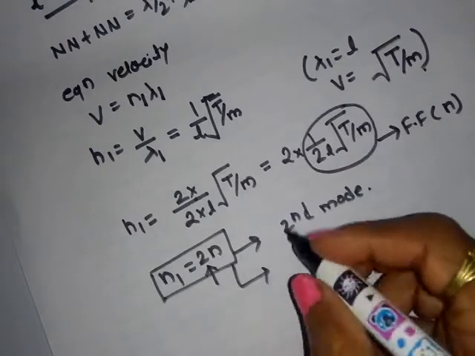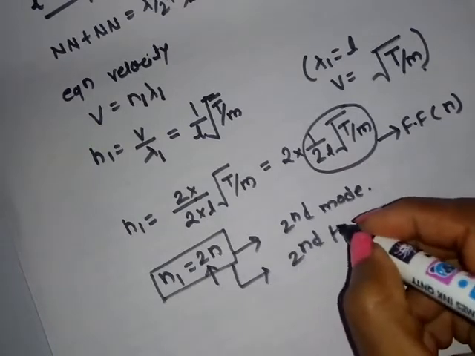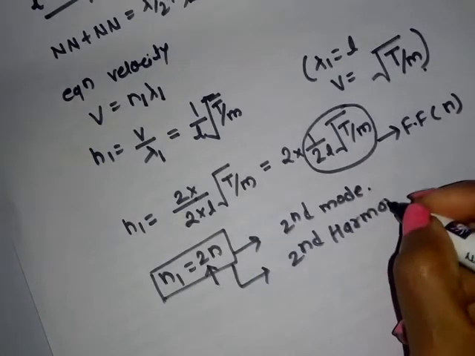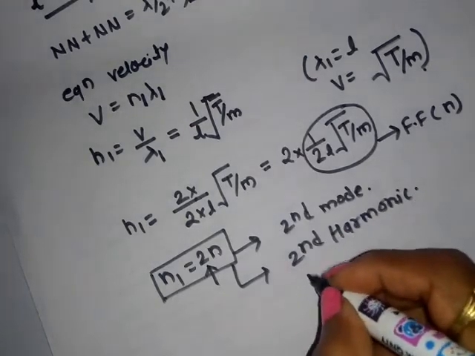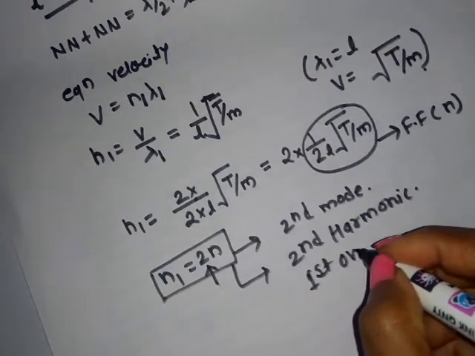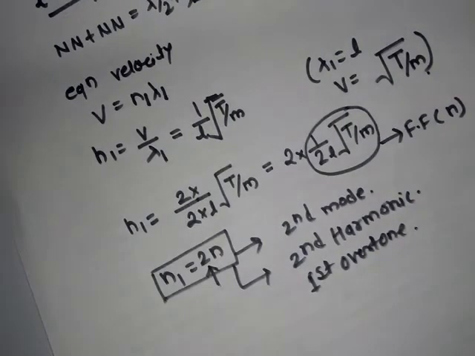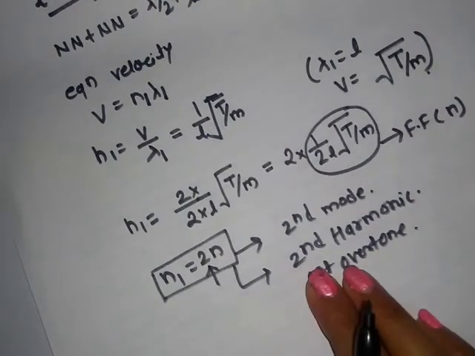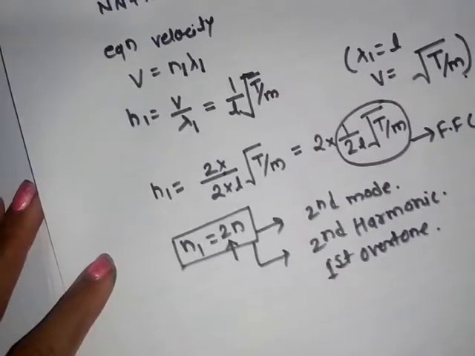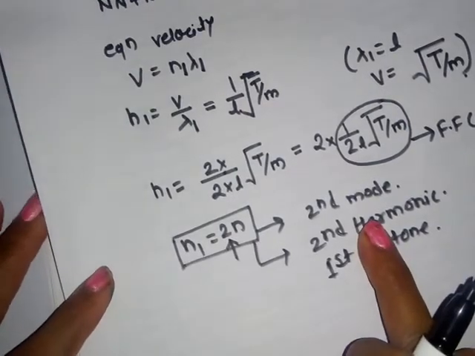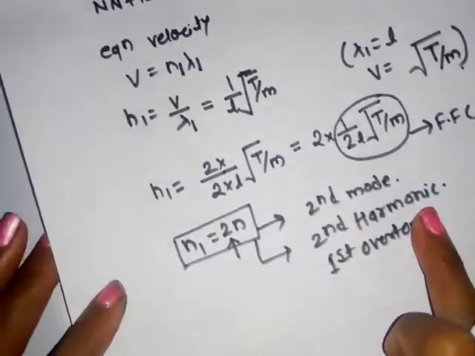So it represents the second harmonic and first overtone. We know very well overtone is used to indicate the higher frequency, and this is nothing but the frequencies which are actually present in a given sound.